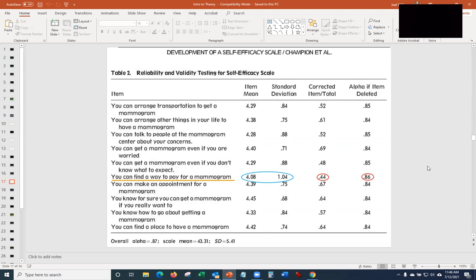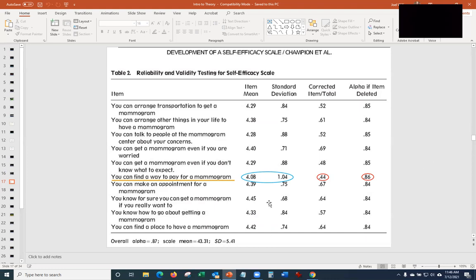So the response options for each one of these statements would range from 1 to 5, representing somewhere between strongly disagree to strongly agree. The higher number representing greater agreement, the lower number representing less or no agreement, or even a negative agreement.